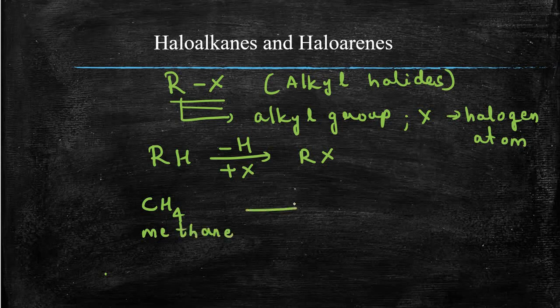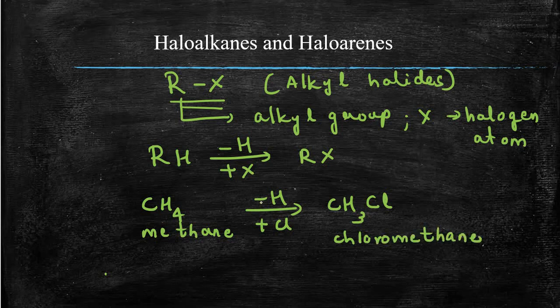When one hydrogen atom is lost, it becomes CH3, and on adding one halogen in place of hydrogen, it is known as chloromethane.